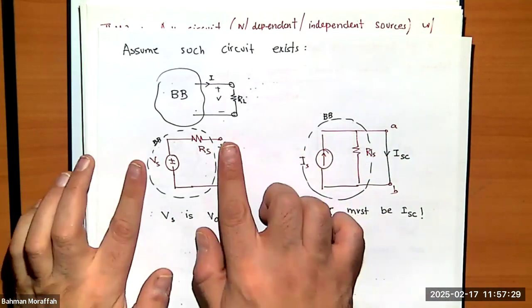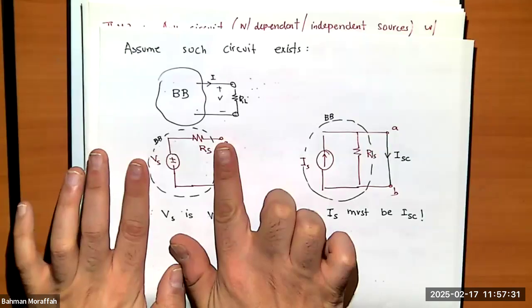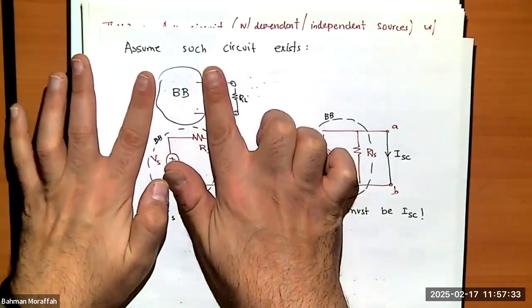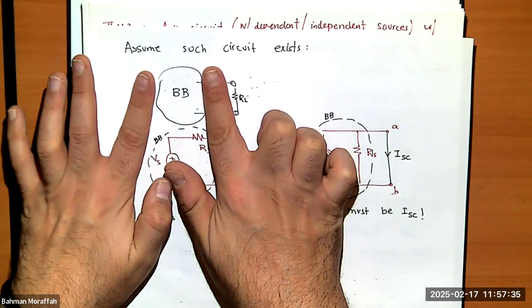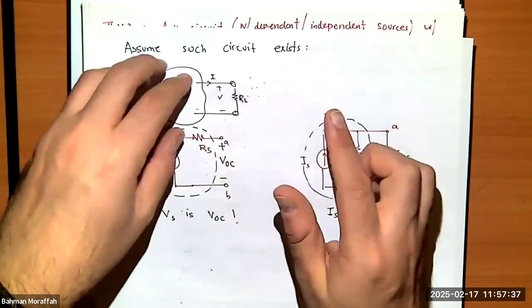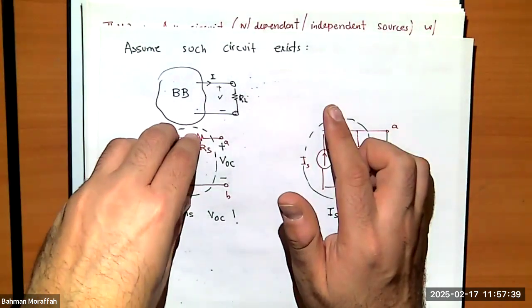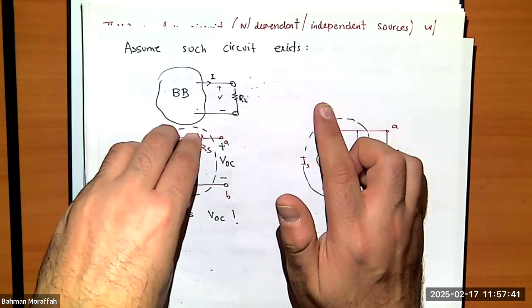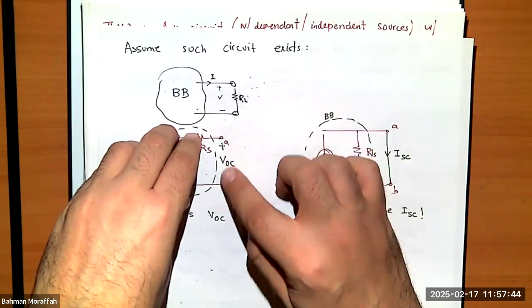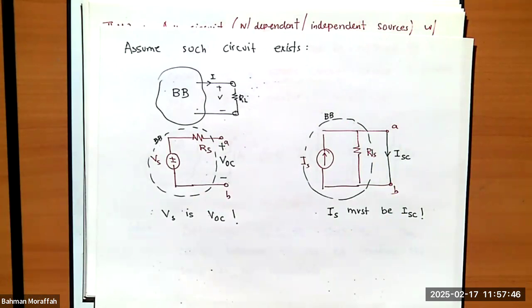But remember, this little circuit over here is a representative of this black box, right? So if I remove this black box and replace it by this, it should have the exact same open circuit voltage.